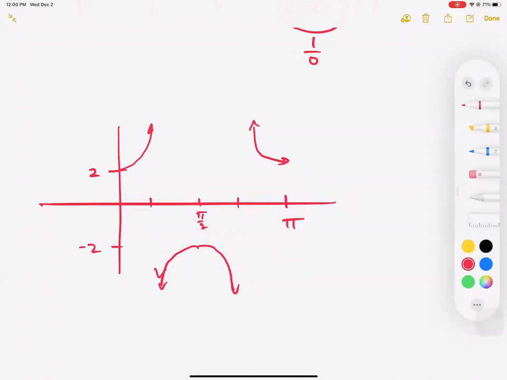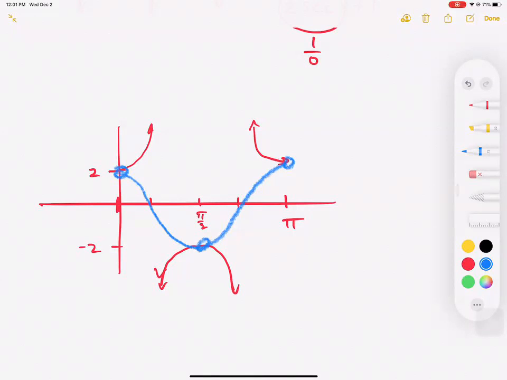Okay, starting from 0, would you consider this a sine graph? Sorry, secant graph or cosecant? If you're not sure, connect the dots. I'm connecting the vertices of these values. Does that look like a sine graph or a cosine graph?